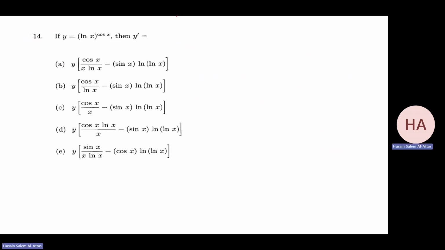Logarithmic differentiation. I have ln y will be ln of (ln x) to the power cosine x. Be careful here. So that will be cosine x ln of ln x, because the exponent goes here.